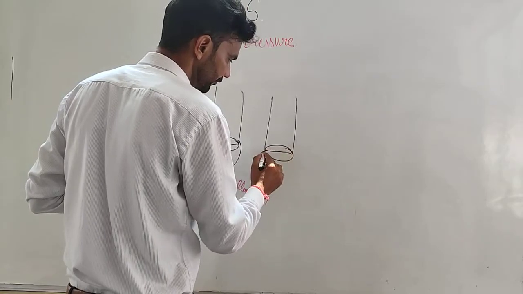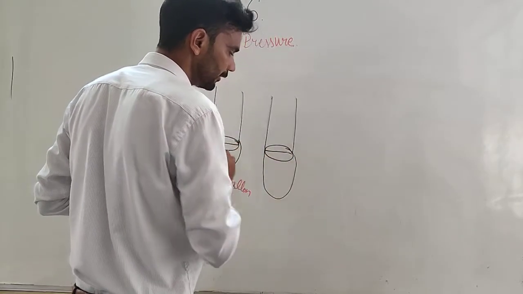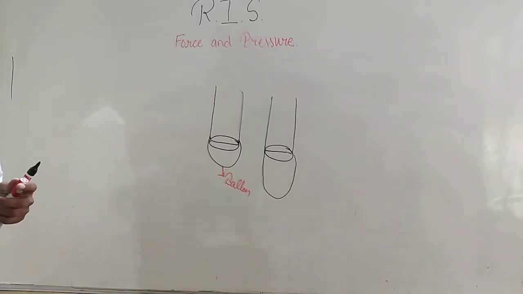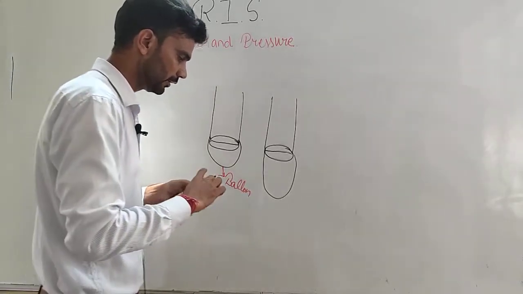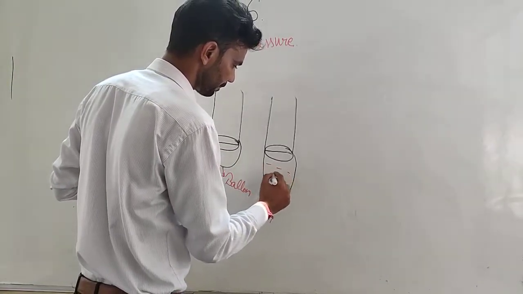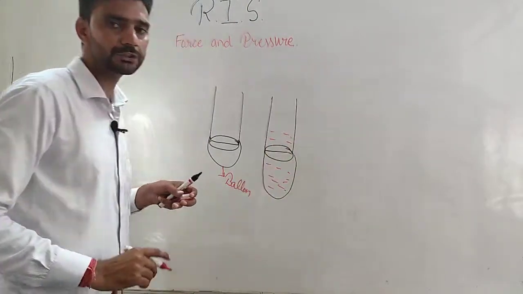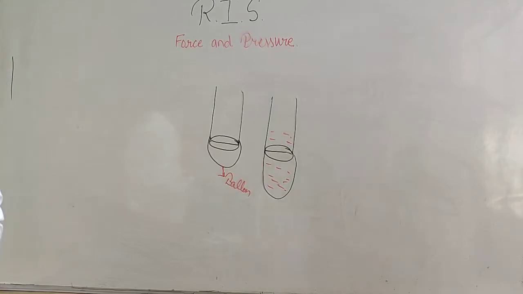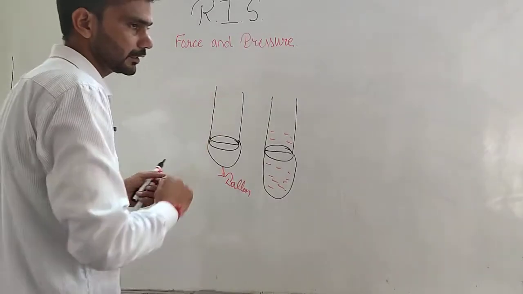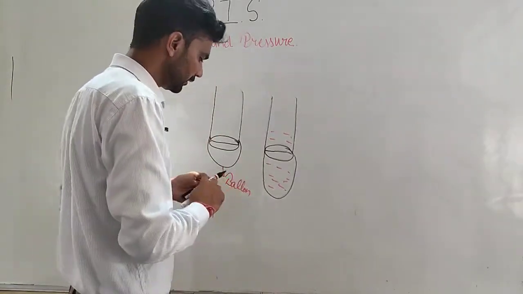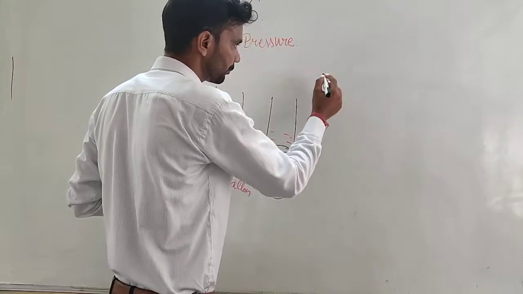When I filled it with water, the balloon will inflate. The size of the balloon will increase. The balloon will inflate. Size change हो गया. Why the size changes? Because the liquid exert a pressure on the balloon. So the size of the balloon changes. It means the liquid exert a pressure on the object. Similarly, suppose this is a beaker.